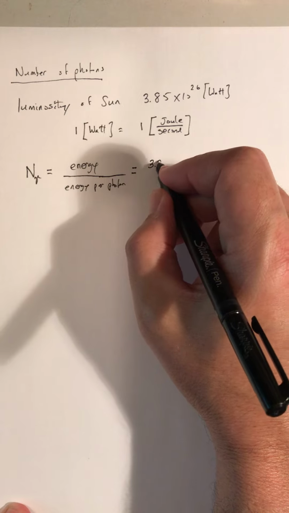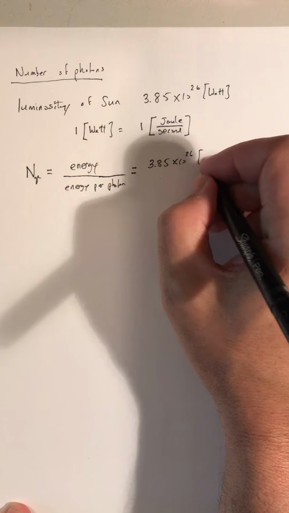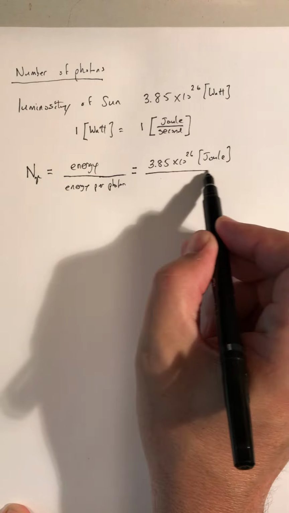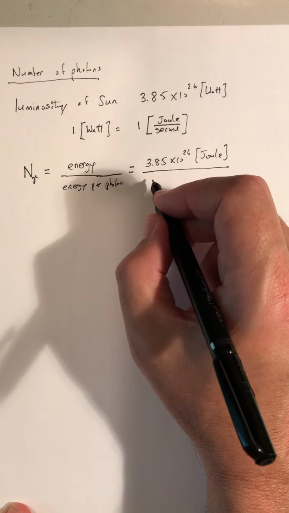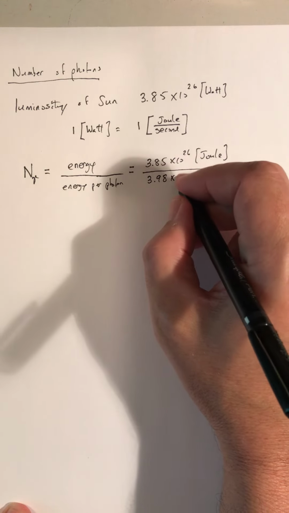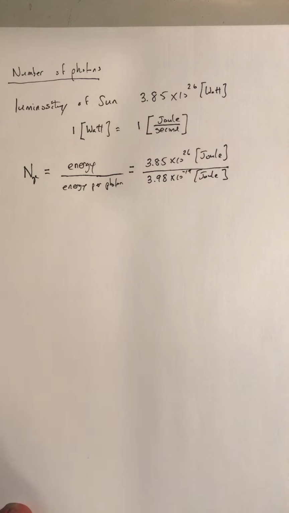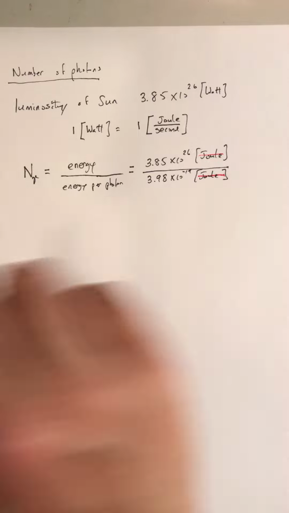So 3.85 times 10 to the 26 joules in a second of time, and each one of those photons, on average, 3.98 times 10 to the minus 19 joules, because the packet of energy is very, very, very small. Joule cancels out joule, and we just get a pure number of photons.